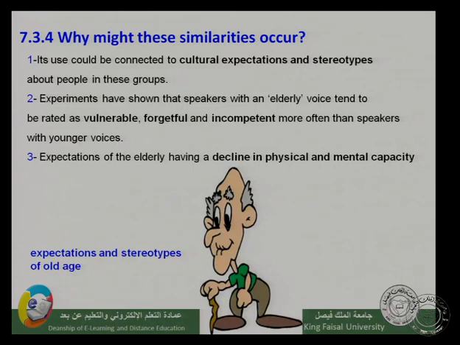Number two, experiments have shown that speakers with an elderly voice tend to be rated as vulnerable. They are easily hurt, they are forgetful and incompetent more often than speakers with young voices.